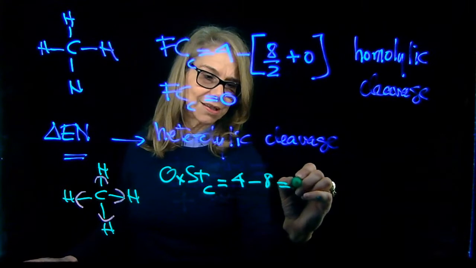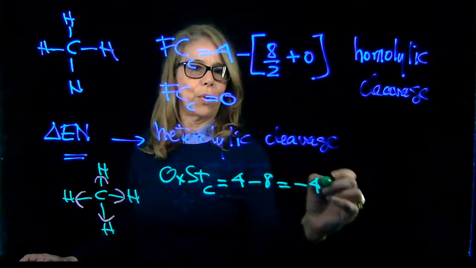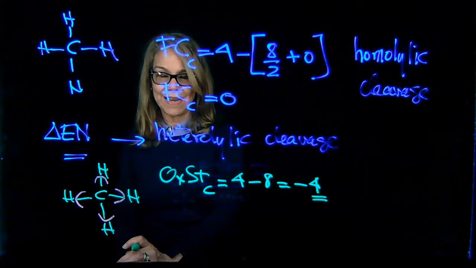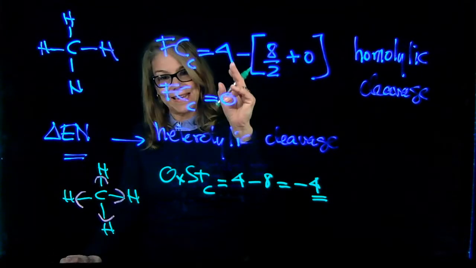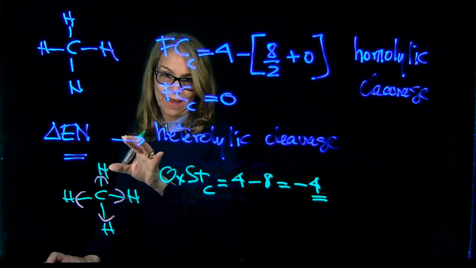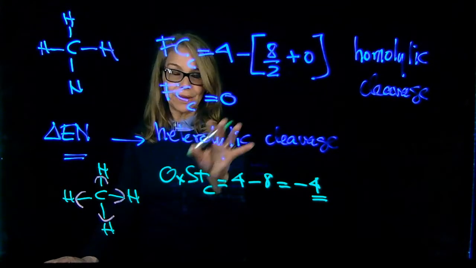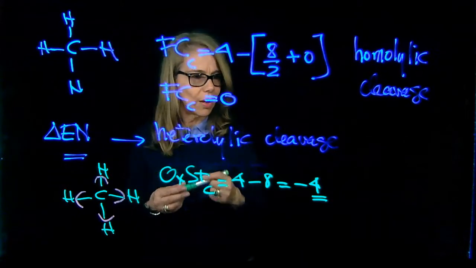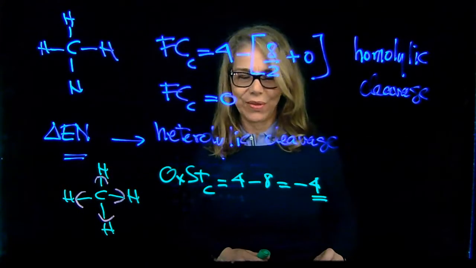The oxidation state here is -4. Notice the difference between formal charge and oxidation state. In general, a carbon atom with 4 bonds will always have a formal charge of 0. We're going to work more examples on that.